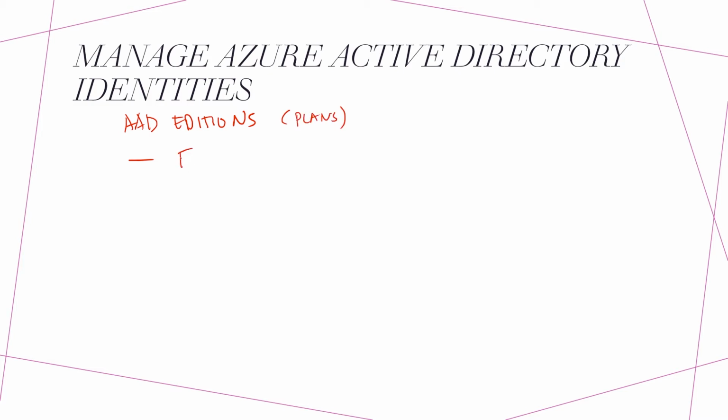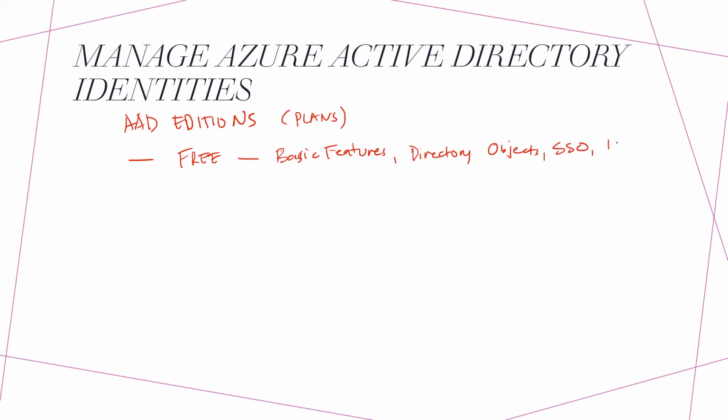Now, the first one is the free edition. In the free edition, we do get basic features with access to directory objects. We can do SSO, which is actually good. That's single sign-on.